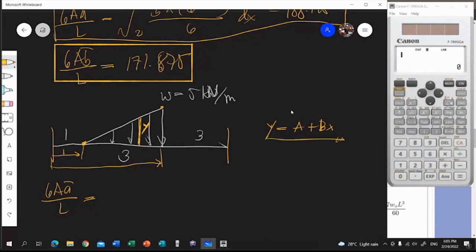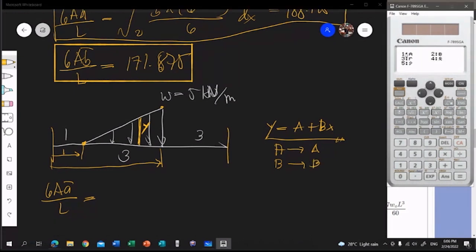But before that, let us try to store ang value of a to A, store ang value of b to B. Na-store ko na si A, na-store ko na si B.